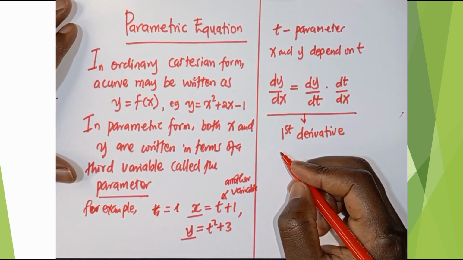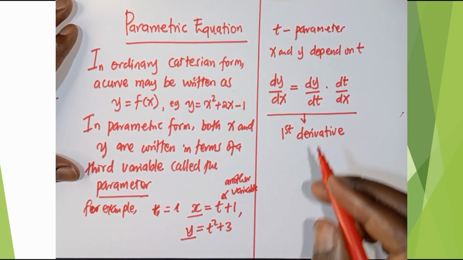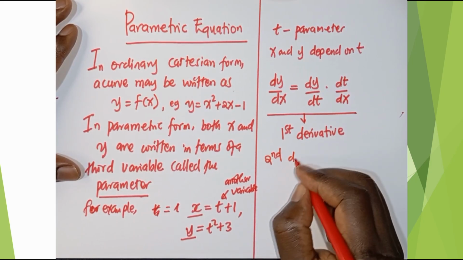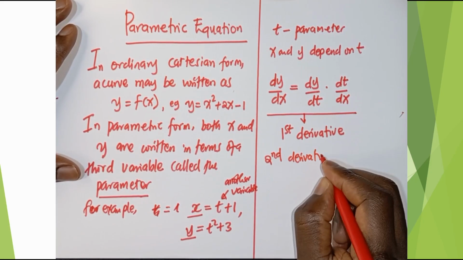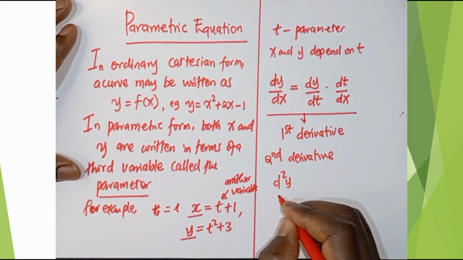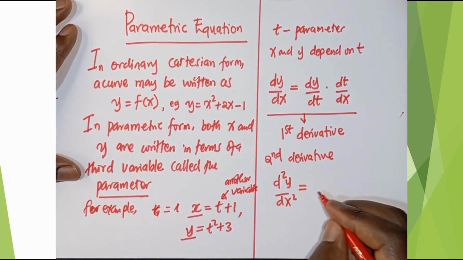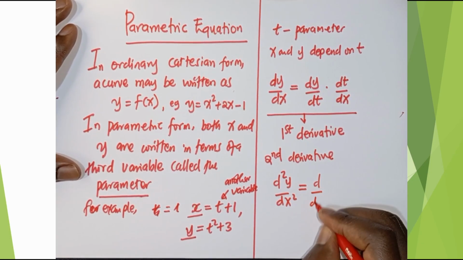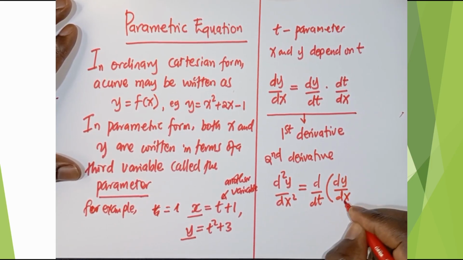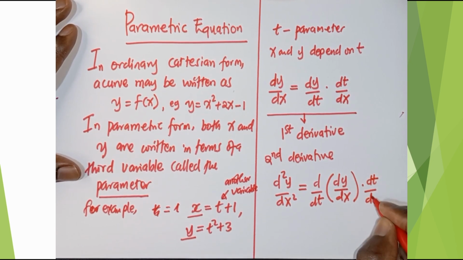To get the second derivative, d squared y by dx squared, you differentiate the first derivative with respect to t, and then multiply by dt by dx.